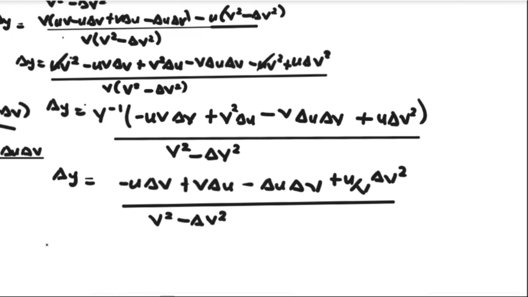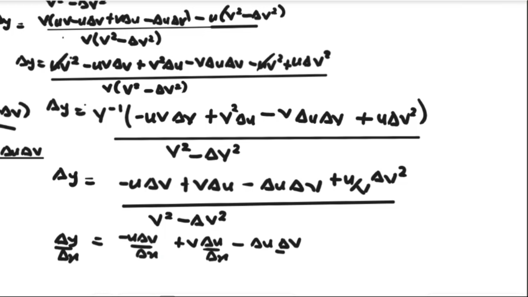So now let's divide through by delta x. Delta y over delta x will give us minus u delta v over delta x plus v delta u over delta x minus delta u delta v over delta x plus u over v delta v squared over delta x.